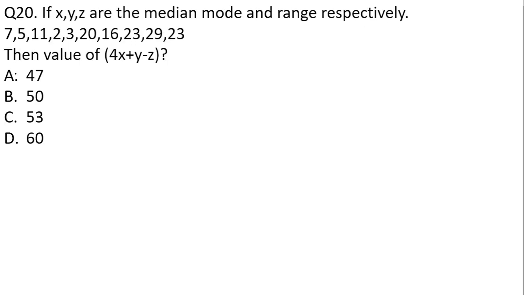If x, y and z are the median, mode and range respectively of the given data, over here we have to find the value of 4x plus y minus z. Let us find the median, mode and range over here, and then calculate the value. So here let us write the given numbers in ascending order: 2, 3, 5, 7, 11, 16, 20, 23 comes twice, right? 23, 23, 29.